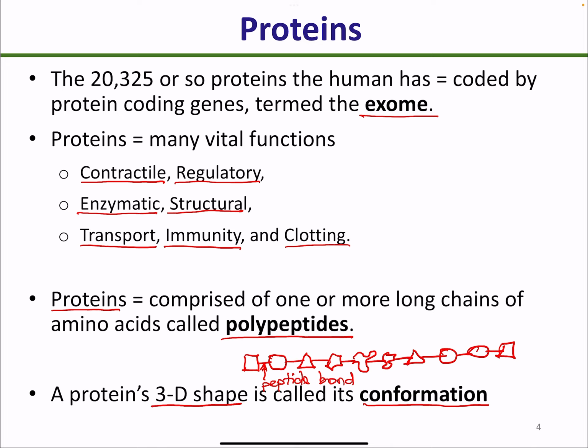In which sequence are they attached one to another to another? Eventually, that sequence is going to translate in terms of the conformation or the 3D shape, right? Which is going to cause one protein to be an enzyme, another protein to be a transporter, another protein to be a regulator, and so on and so forth.